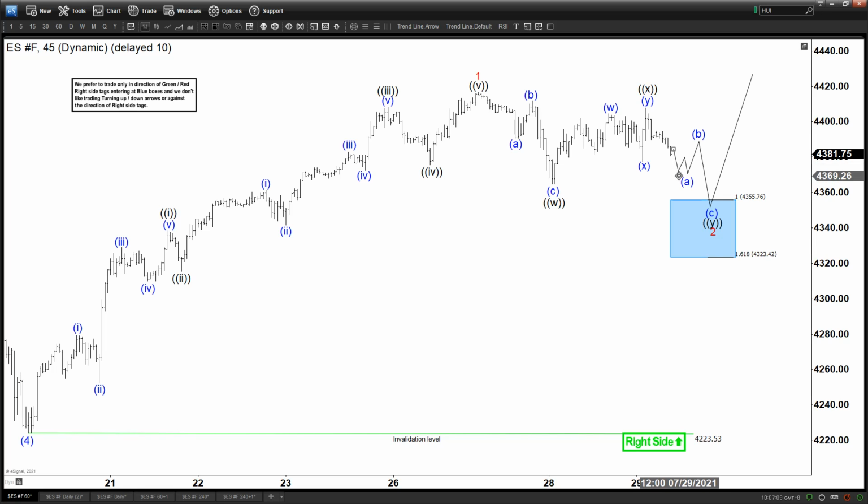It's about probability, and you would rather be right nine out of 10 times rather than be right one time, right? You only get a 10% chance to be right by calling the top every single time. So here is the support area, and ES will be looking to find support from here, and then extend higher again to a new all-time high.